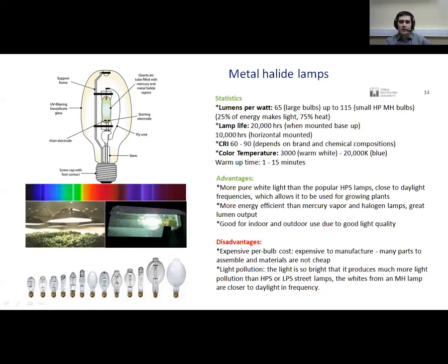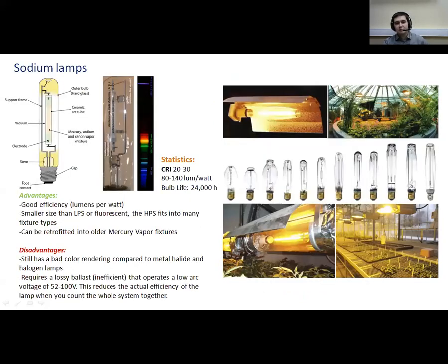The next type, and maybe more widespread, especially for greenhouses, is the high pressure sodium lamp. This type of lamp has greater coverage of the visible spectrum than mercury vapor lamps. The main reason is that this type of lamp contains sodium vapors along with the mercury in the arc tube.